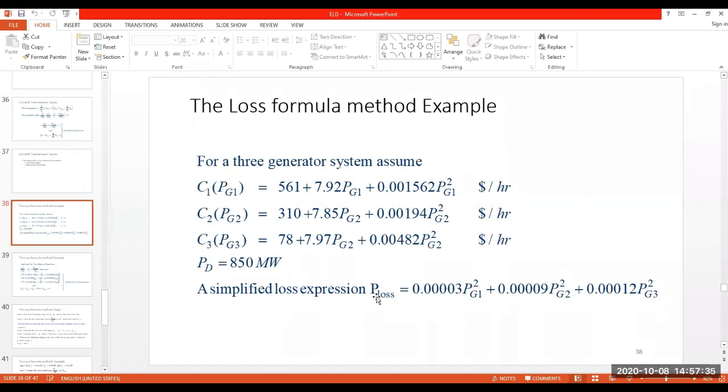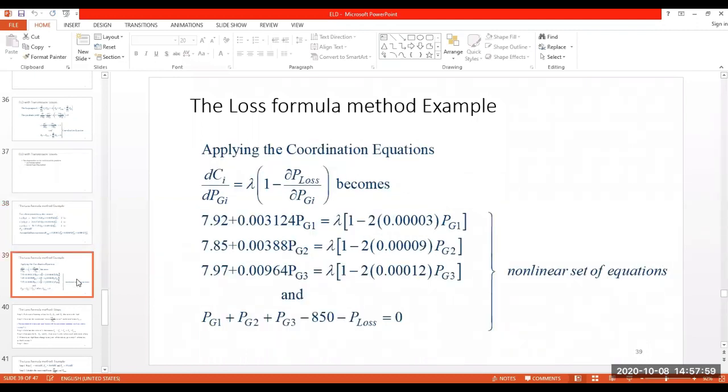You can see that the loss expression is basically a quadratic function. You see PG1 square, PG2 square, and PG3 square, the summation of all these. So this is a nonlinear, quadratic expression, which is quite logical because loss is a sort of quadratic expression.